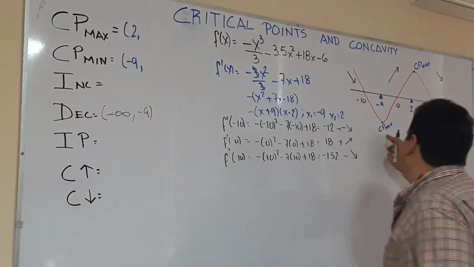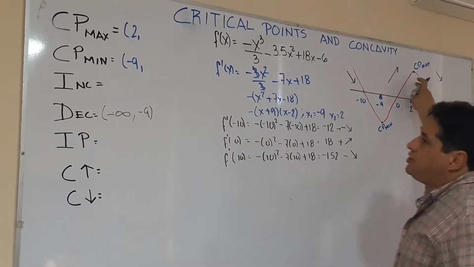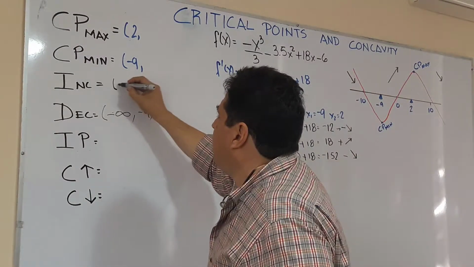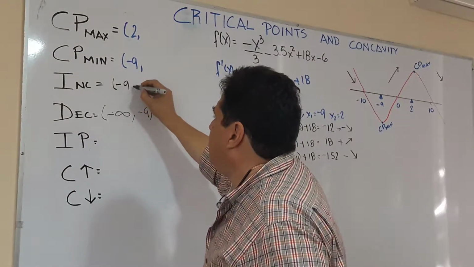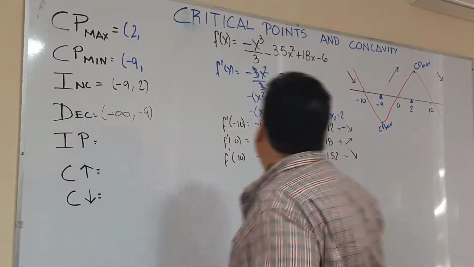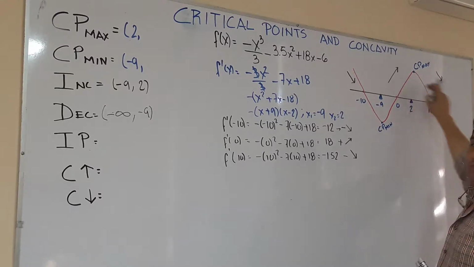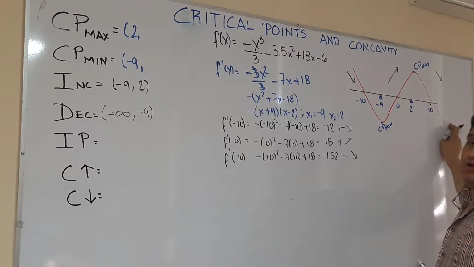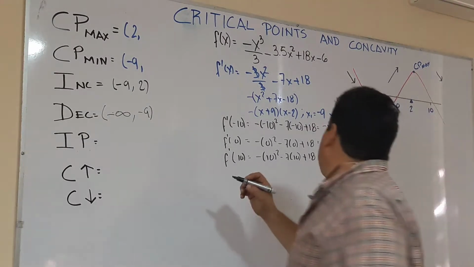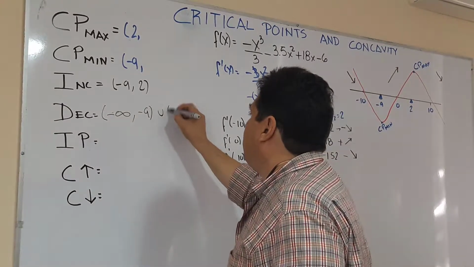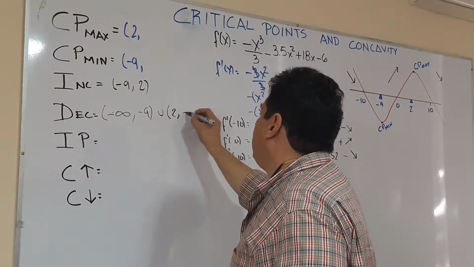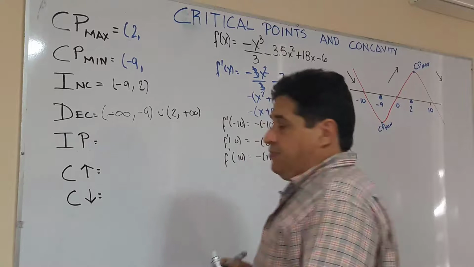Then it's going to be increasing from my critical point to my critical point. So it's going to go from minus 9 all the way to 2. And it's going to be decreasing again from my critical point to positive infinite. But since we're going to talk about intervals, I'm going to have to go union with 2, comma, plus infinite.